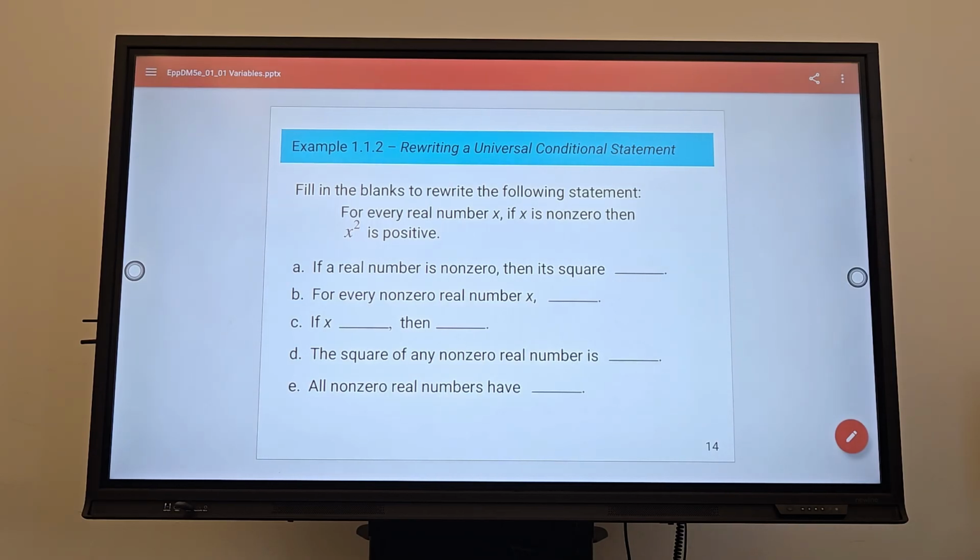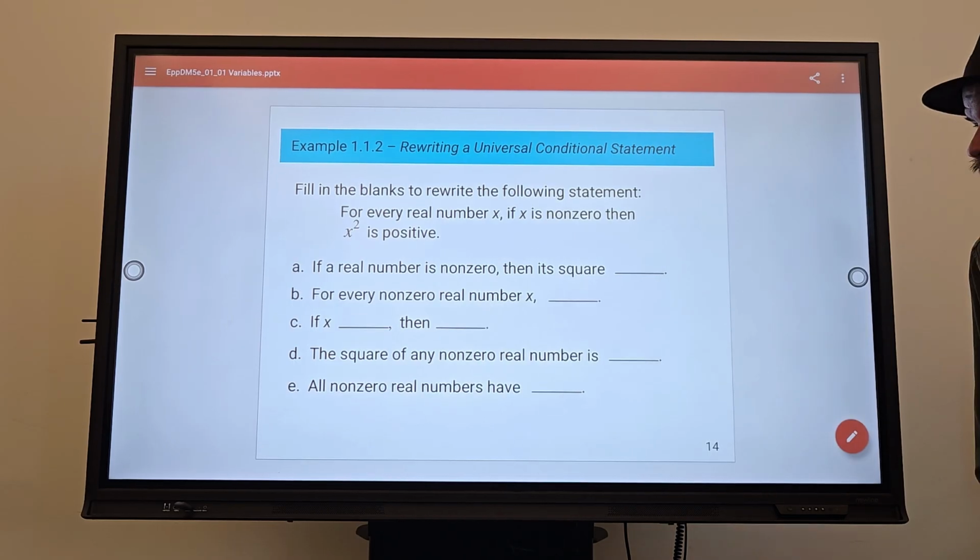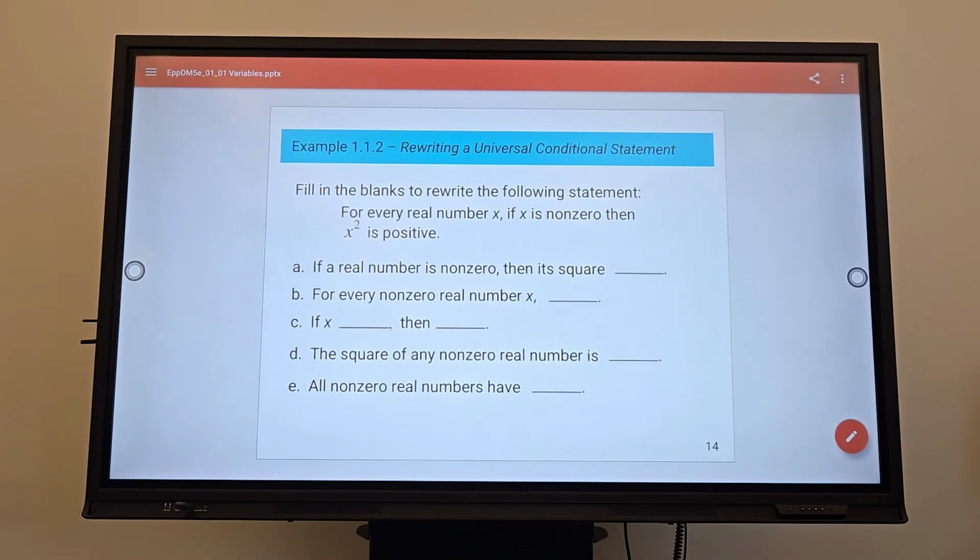Then its square is positive. For every non-zero real number x, x squared is positive. X squared is greater than 0. If x does not equal 0, then x squared is greater than 0.